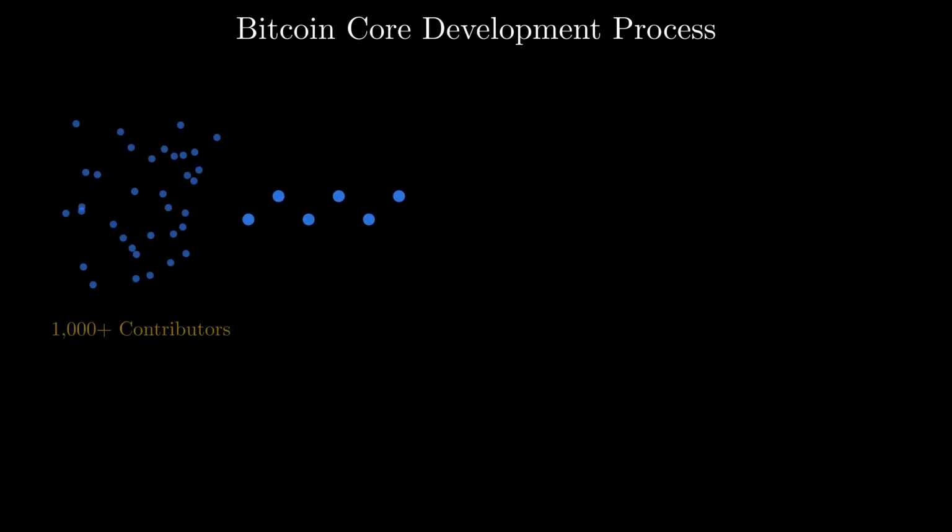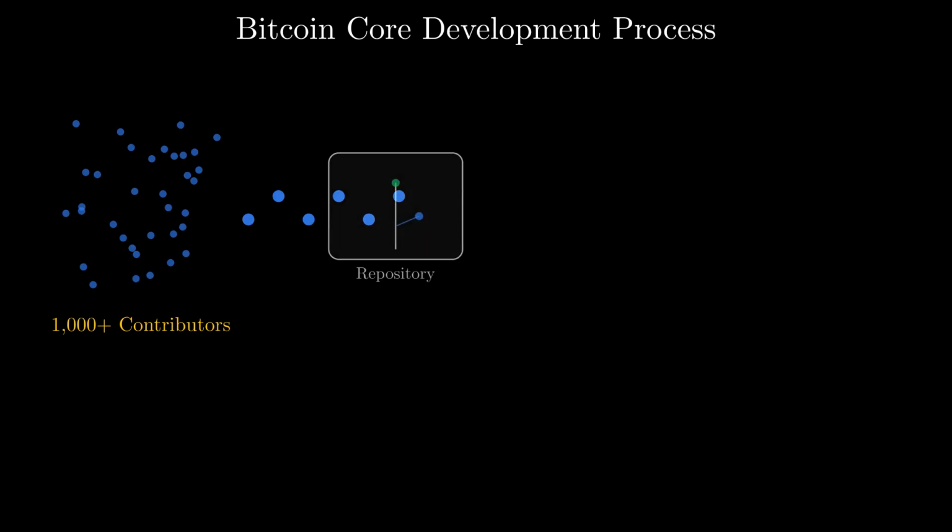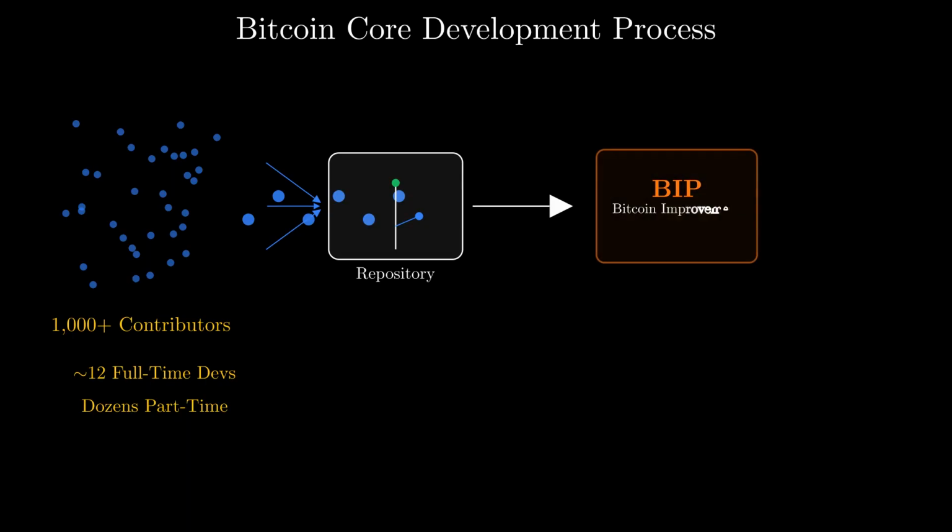Bitcoin Core evolves through a transparent open source process. Over 1,000 contributors have submitted code to the project. Roughly 12 developers work on it near full-time, with dozens more contributing part-time. Proposed changes follow a formal structure called Bitcoin Improvement Proposals, BIPs.